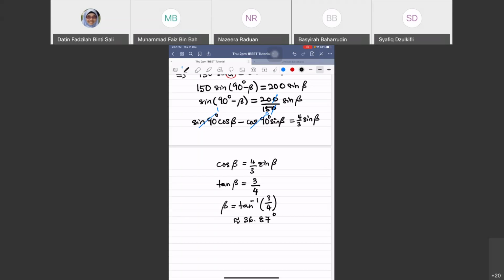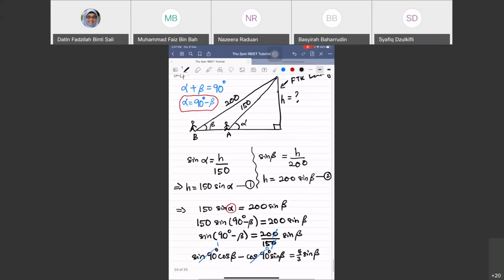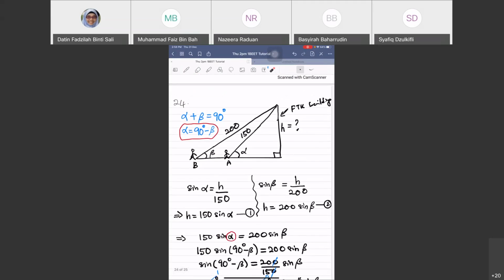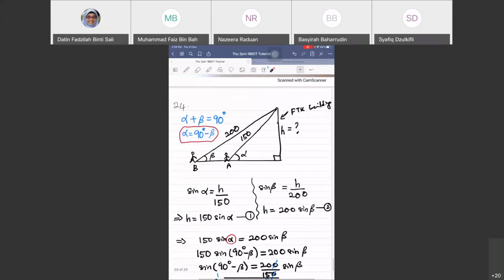Alright, back to this one. Because the question wants H, the height of the building. Now that I have solved for beta, to compute the height of the building I will take this equation.